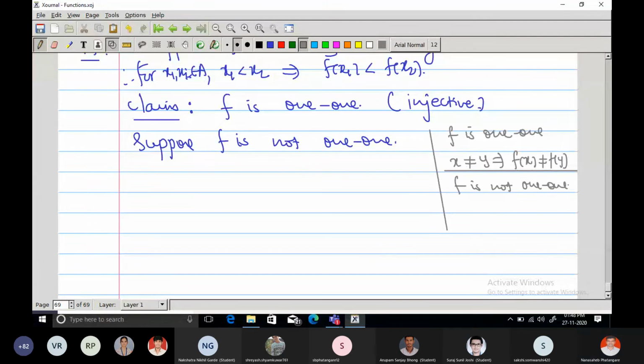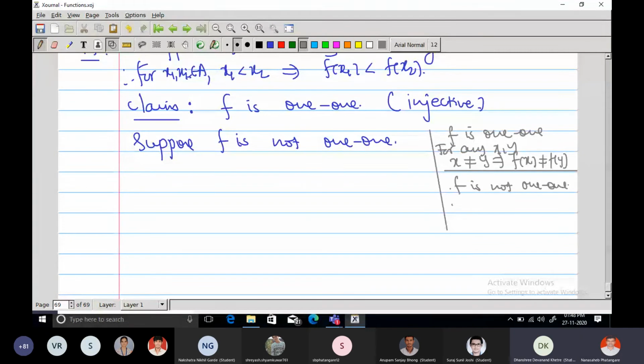Negation: for not every pair x, y, if x is not equal to y, then f(x) equals f(y).